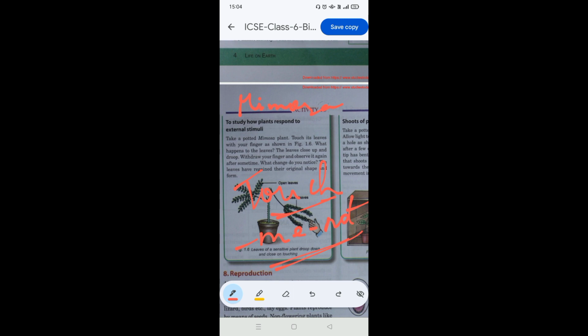If we touch the plant, the leaves fold very closely, and if we leave it and observe it carefully after some time, we may notice that the leaves have regained their original shape and form. So this is a great example that plants do respond to external stimuli.